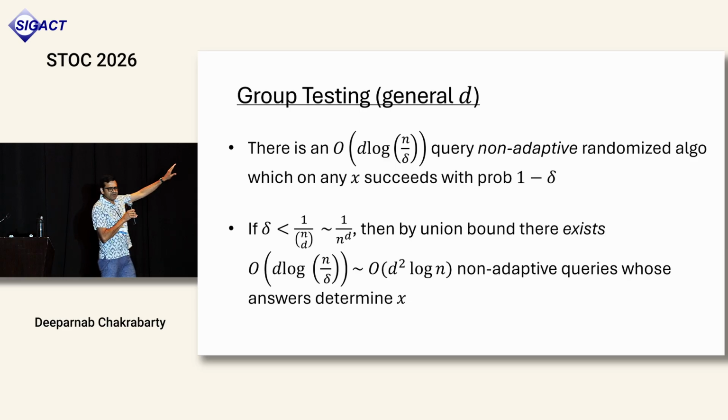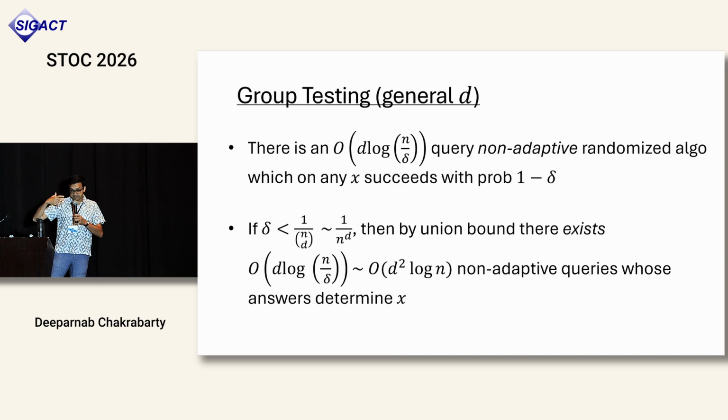So this simple randomized algorithm gives an existential theorem. It says there exists a d square log n non-adaptive set of queries. Of course, where they are, it does not tell us. And even if you found them, how to decode the answers, it does not tell us. So those are not clear. But it at least tells you that there are d square log n many queries out there for any n and any d.